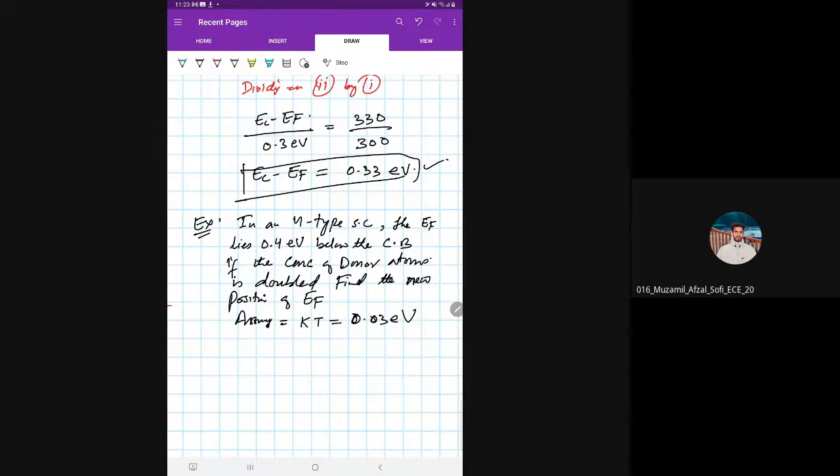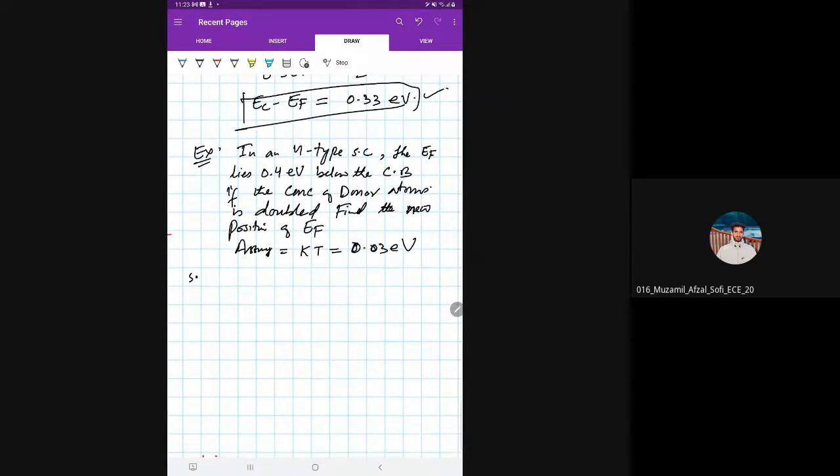Now see, we know that ND is nearly equal to NC e to the power minus (EC minus EF) by kT.